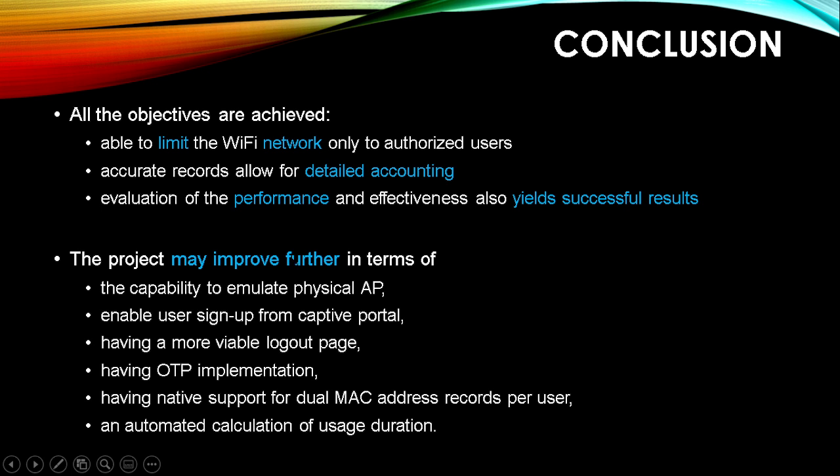So this project may be improved further in terms of several features, which are the capability to embed a physical AP. As of this project, the pfSense virtual machine cannot emulate a physical access point. This causes several limitations in conducting the test and so on.